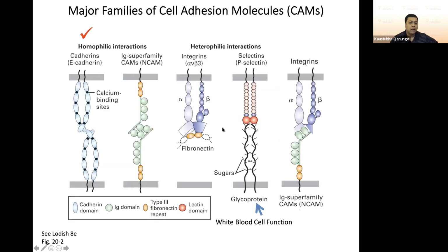We are looking at slide 4.1 part 2: a heterophilic interaction between the integrins and fibronectin. This fibronectin is an ECM protein, an extracellular matrix protein that you have learned here.